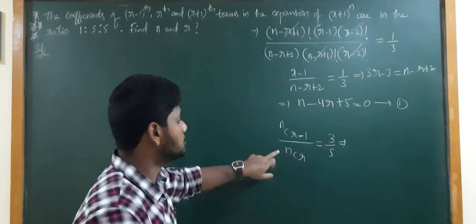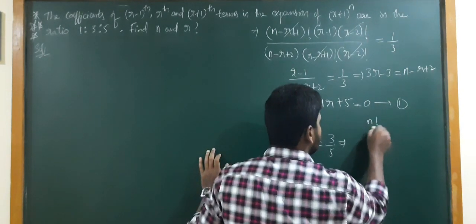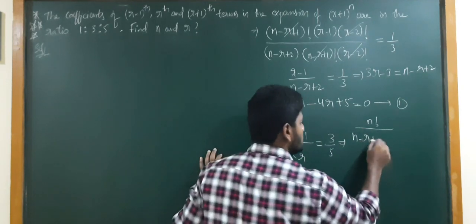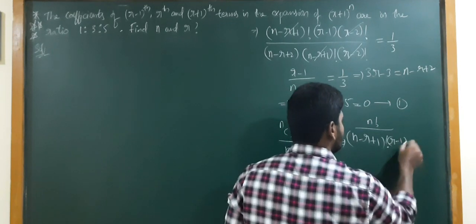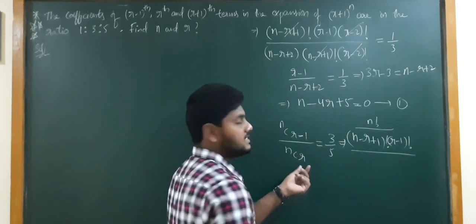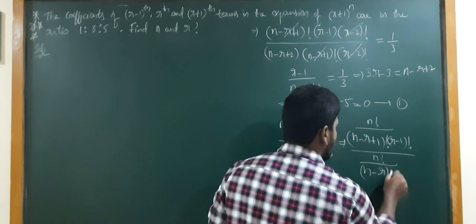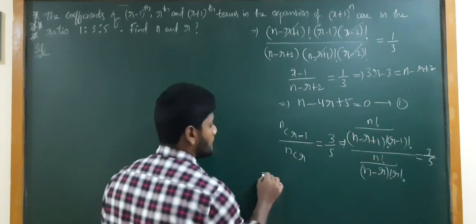Now from this, how to simplify this one? nC(r−1) means n factorial by (n−r+1) factorial into (r−1) factorial, divided by nCr. nCr, how will we do? n factorial by (n−r) factorial into r factorial, which is equal to 3 by 5.